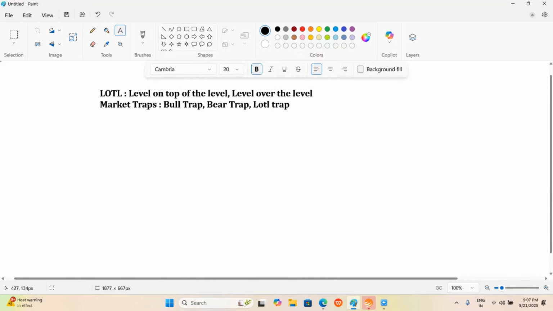So, what is level on top of the level? When we find two nearby demand or supply zones in the same picture, it can be of any time frame, be it execution or location, but we will consider the execution time frame. So let's assume that there is a demand zone.